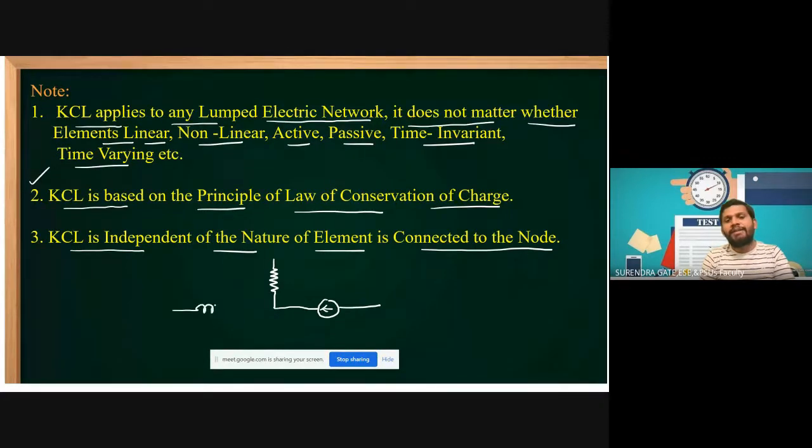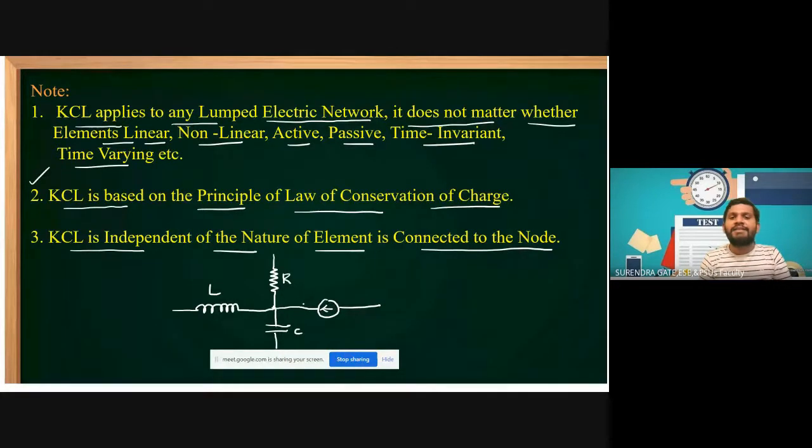Let us assume that at this node, an inductor is connected. Then let us assume that at this node, a capacitor is connected. It is independent of the type of element connected to the particular node. Whatever the element connected, no problem. Then according to KCL, the sum of the entering currents is equal to the sum of the leaving currents.